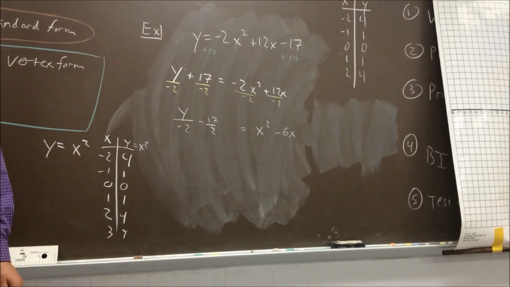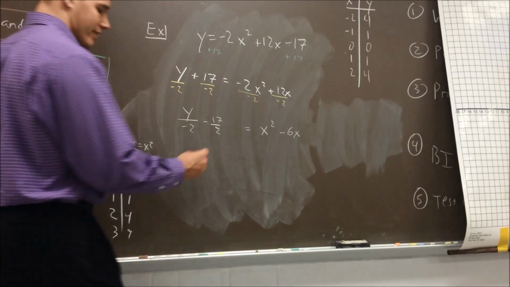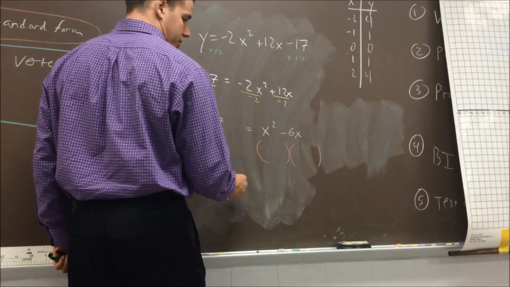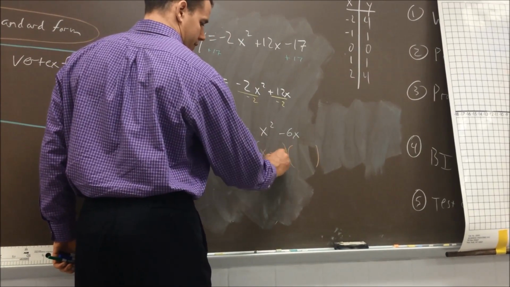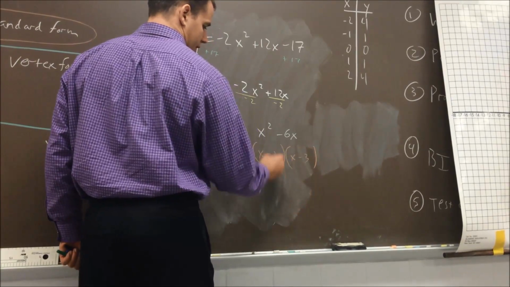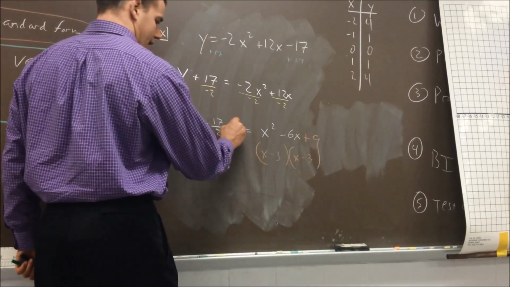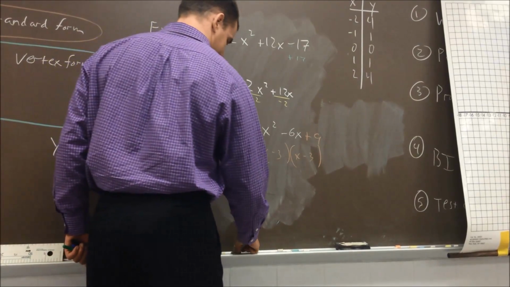What do we need to add to both sides? 9. Divide this by 2 and we get -3. -3 times -3 is 9. Add 9 to this side, add 9 to this side.